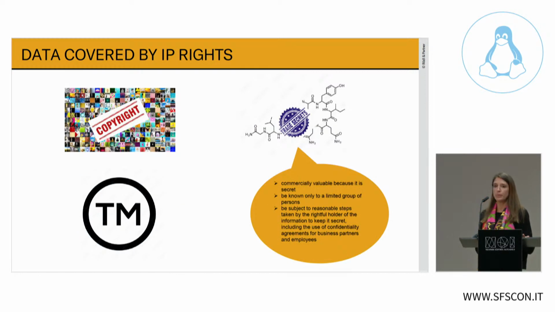But data could also be covered or not by intellectual property rights. For instance, if the data is an image or a photo, it is covered by copyright. But an information, a data, could be, for instance, a secret, and be protected as a trade secret according to the Trade Secrets Directive.